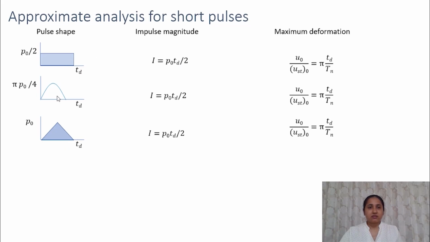That is the area under these curves. So the amplitudes are different. The maximum deformation, if you calculate, would be the same because the area is the same. The impulse magnitude is the same.